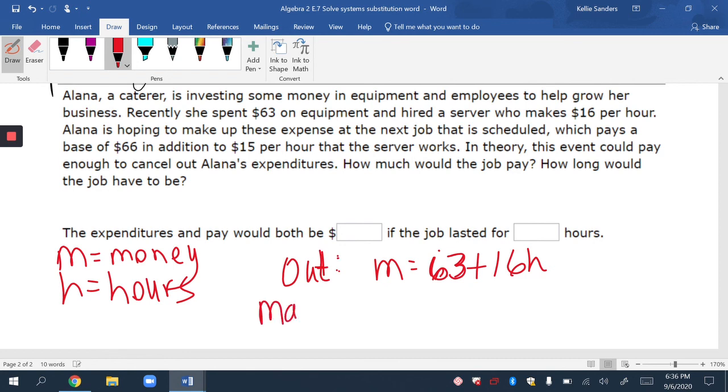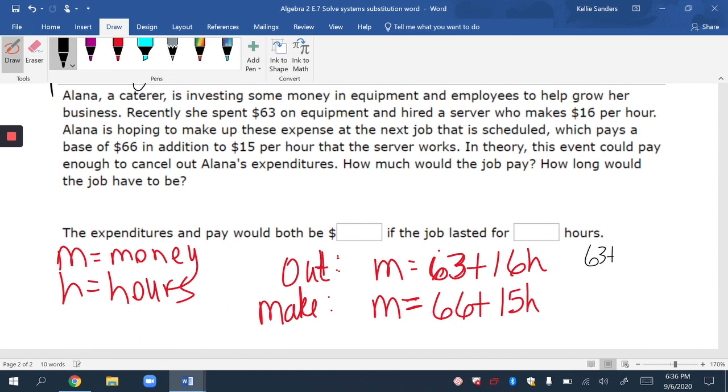But she's going to make, when she does that catering business, her money that's coming in is going to be $66 and $15 per hour. When are these going to be equal? So 63 plus 16H equals 66 plus 15H.